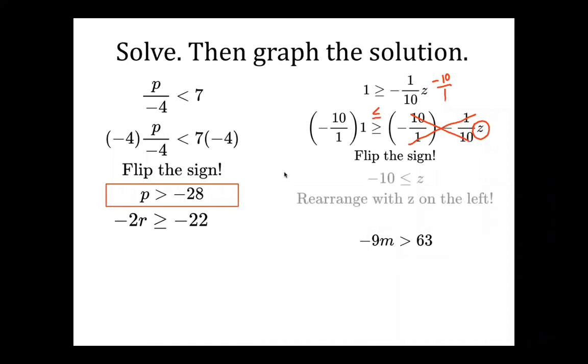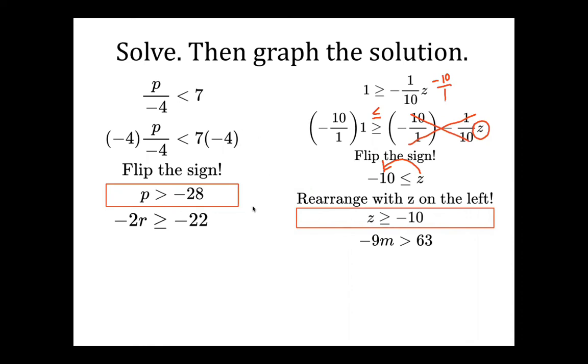So now you have -10 is less than or equal to z. And now you should rearrange your inequality with the variable on the left side, since we are going to graph our solution. You would just switch z and -10 and then flip the sign again. So that would give you z is greater than or equal to -10.